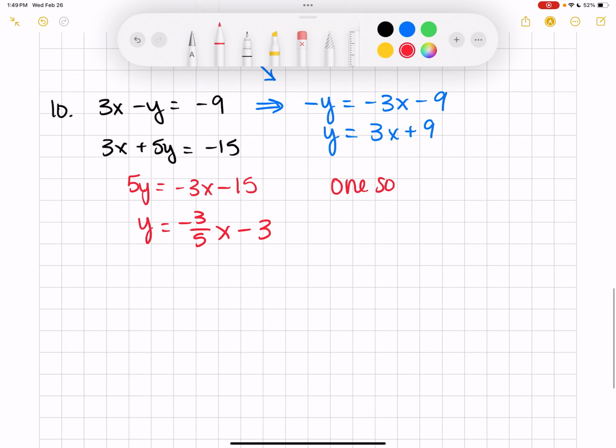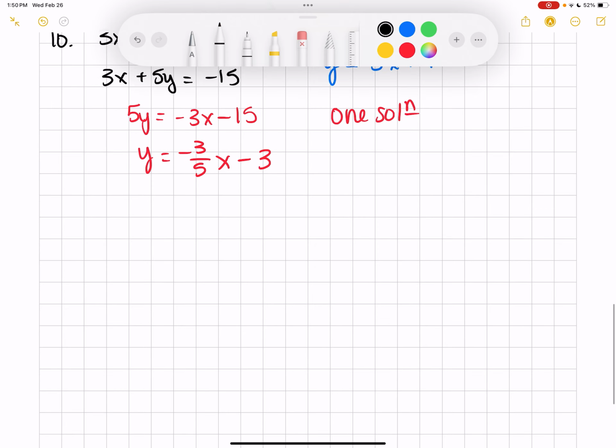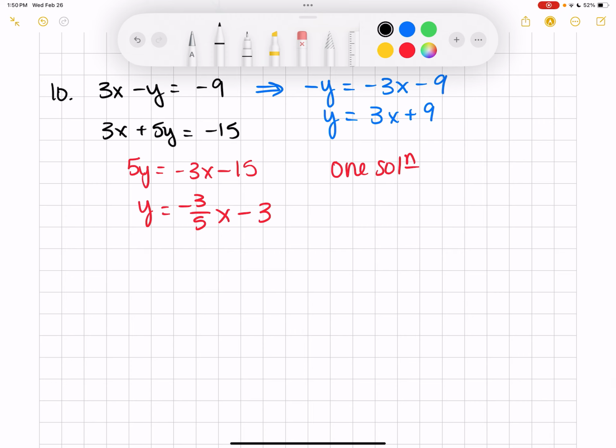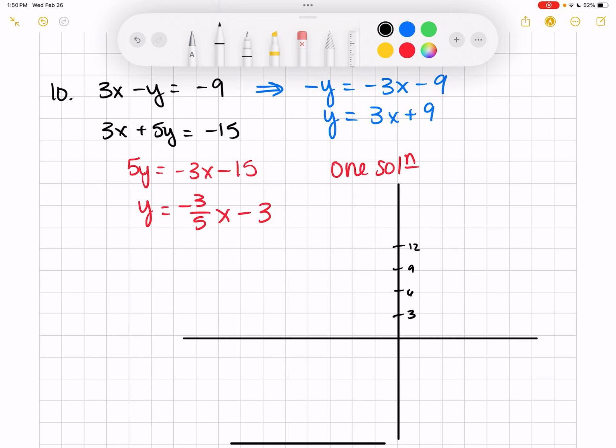All right, so graphing this, just so I don't have a ridiculously large graph, I'm probably going to count by 3s on the y. On the x-axis, though, I'm still just going to count by ones because I don't need to label all of them, but just those few.